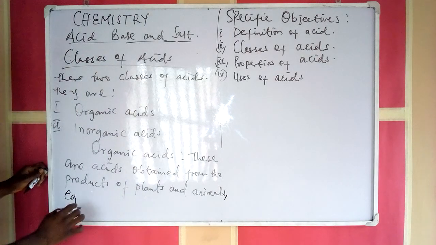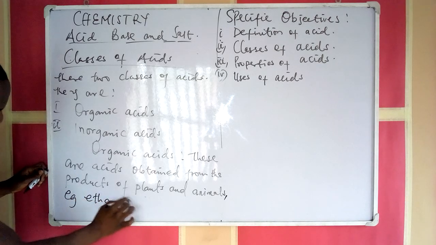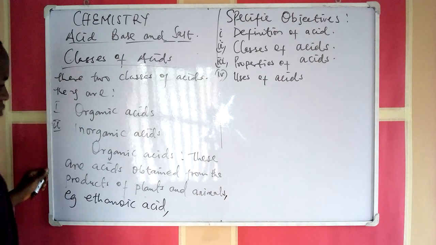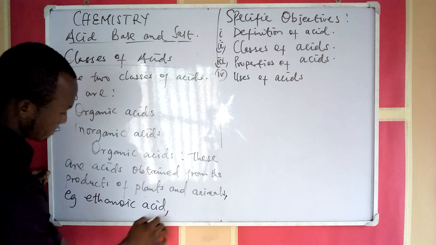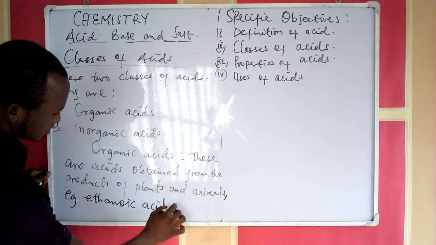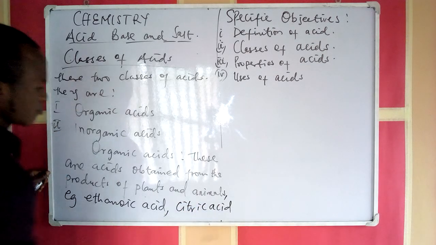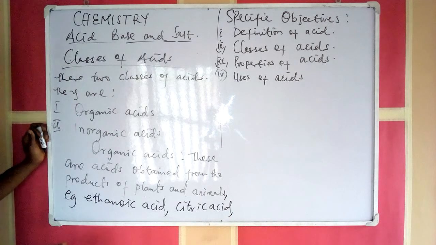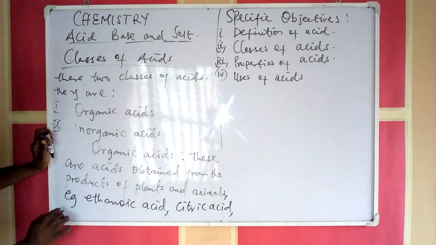For example, ethanoic acid. Where is it obtained from? It is obtained from vinegar. Citric acid. Where is it obtained from? It is obtained from citrus, of which the example is an orange.